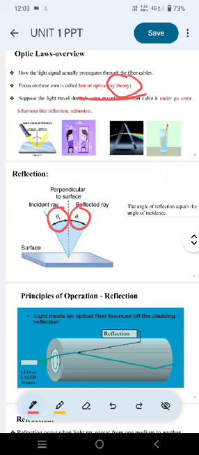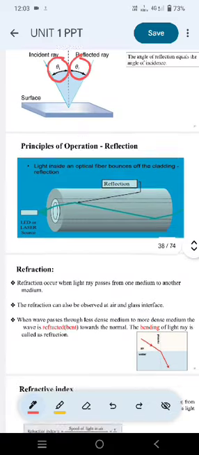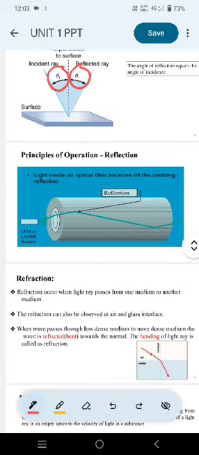Here the angle of incidence is always equal to the angle of reflection. In the fiber optic cable, the wave will propagate like that.